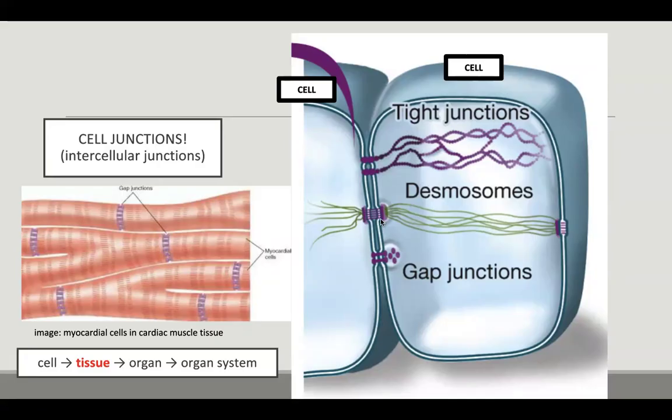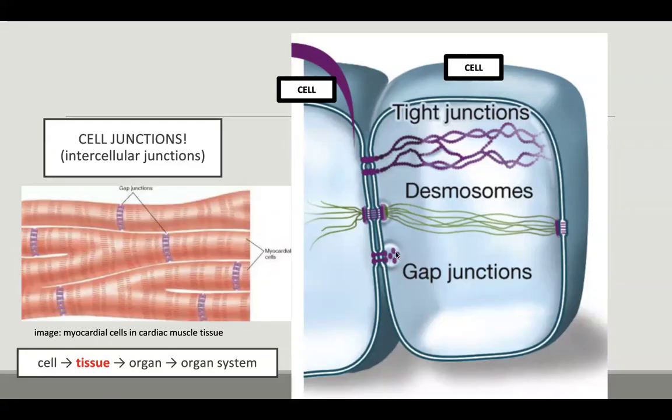Desmosomes are a welding in a way. So they weld the two adjacent cells together, and then it helps promote cell interactions because of the adhesion. And importantly for desmosomes, they help make sure the cell doesn't break apart during any stretching, when the muscles are working, etc. Gap junctions are typically found in cardiac cells.